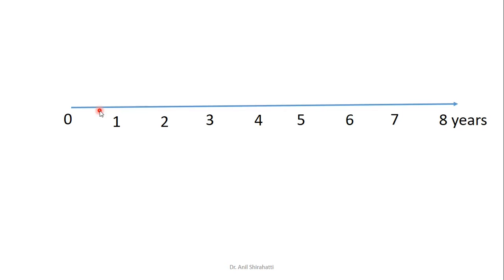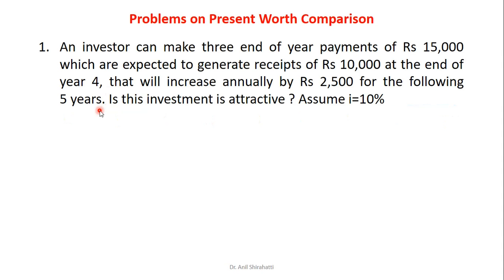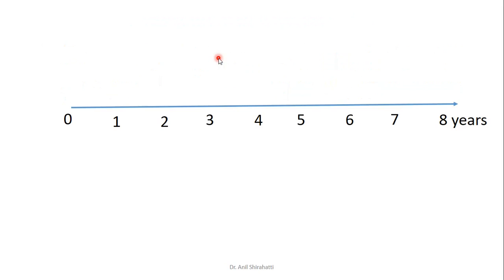So what it said is, an investor makes 3 end of year payments. So you see this word, 3 end of year payments. So payments of rupees 15,000 are done at the end of every year only for 3 years. So when the end of first year happens, so 0 to 1, here will be the first payment, then second payment, then third payment.